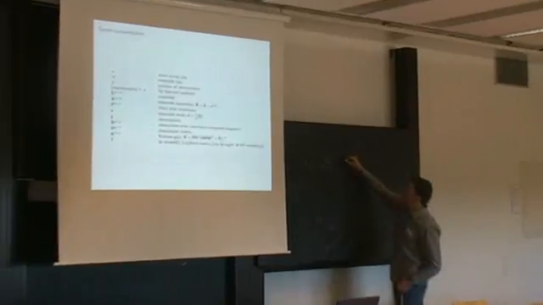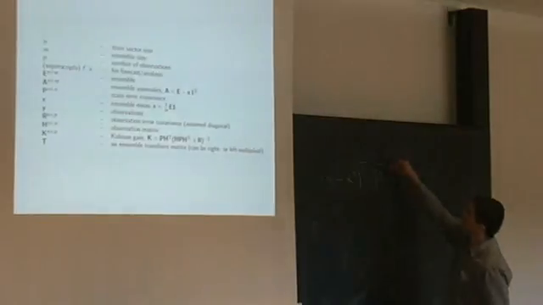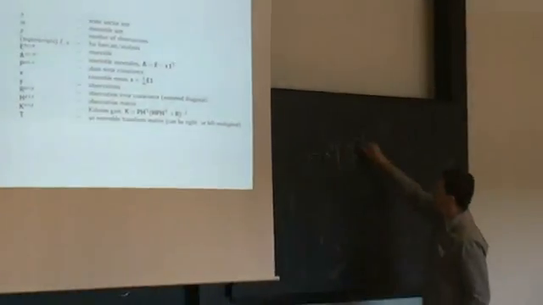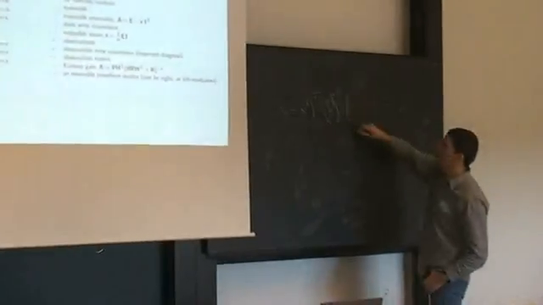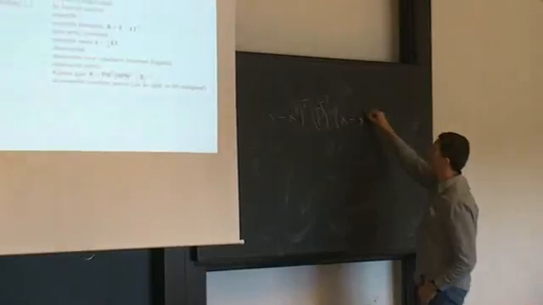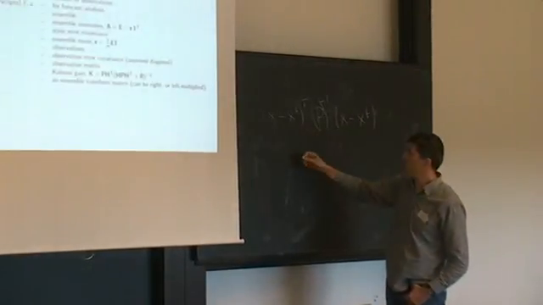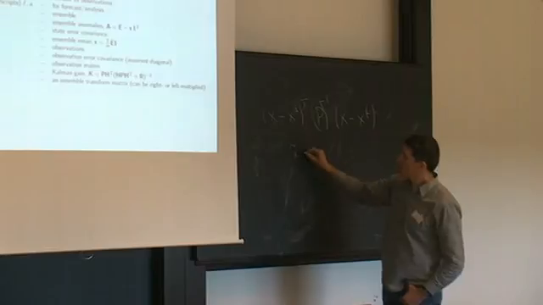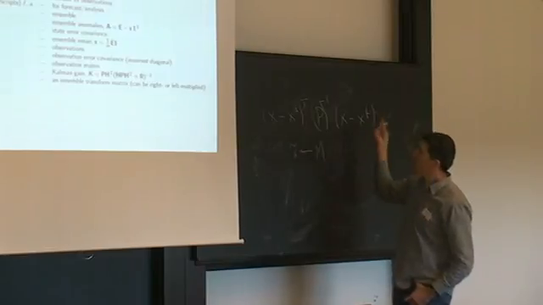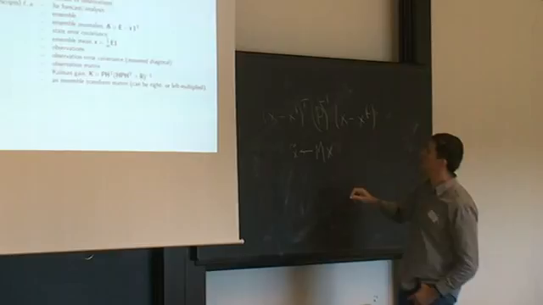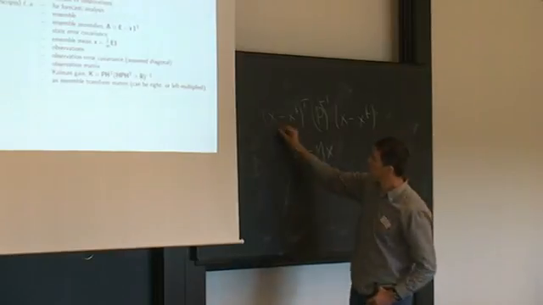x minus something, transposed, by covariance matrix inverse, by x minus something, and if we now make a substitution, say x tilde is equal to some linear operator times x, which comes out of here.